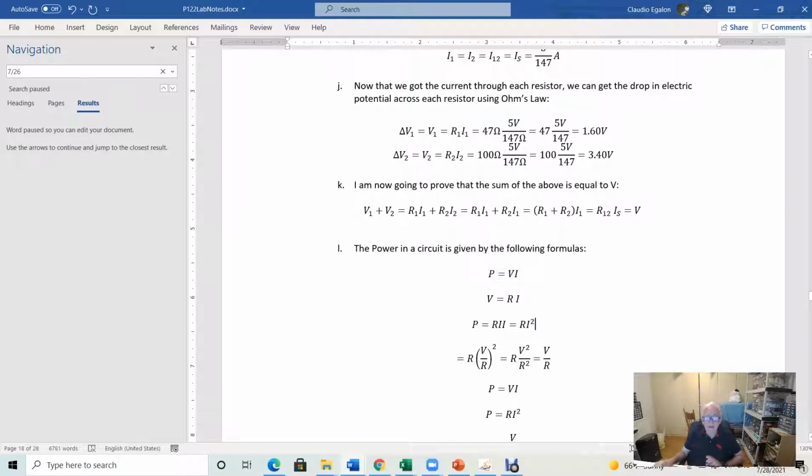But we could write this equation in a third format. Okay? How do we do that?